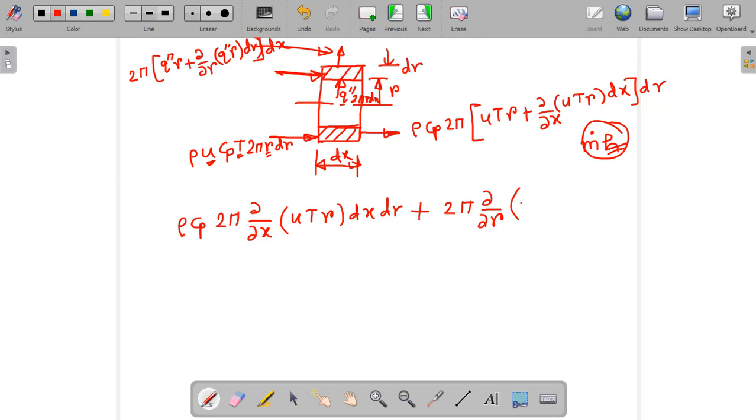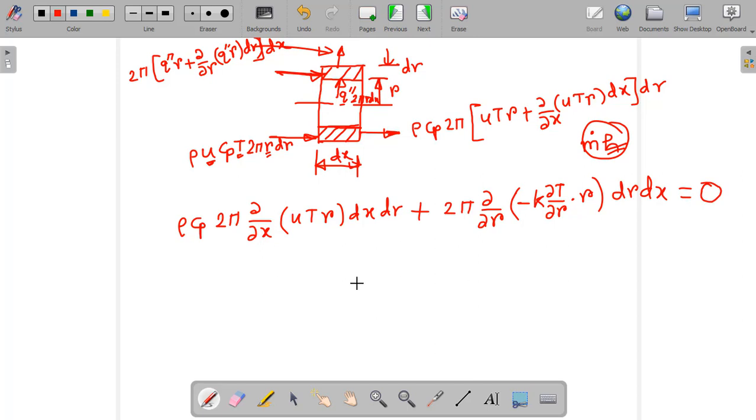The heat flux we can write using Fourier's law as minus k del T del r, into r dr dx, and that quantity is equal to 0.